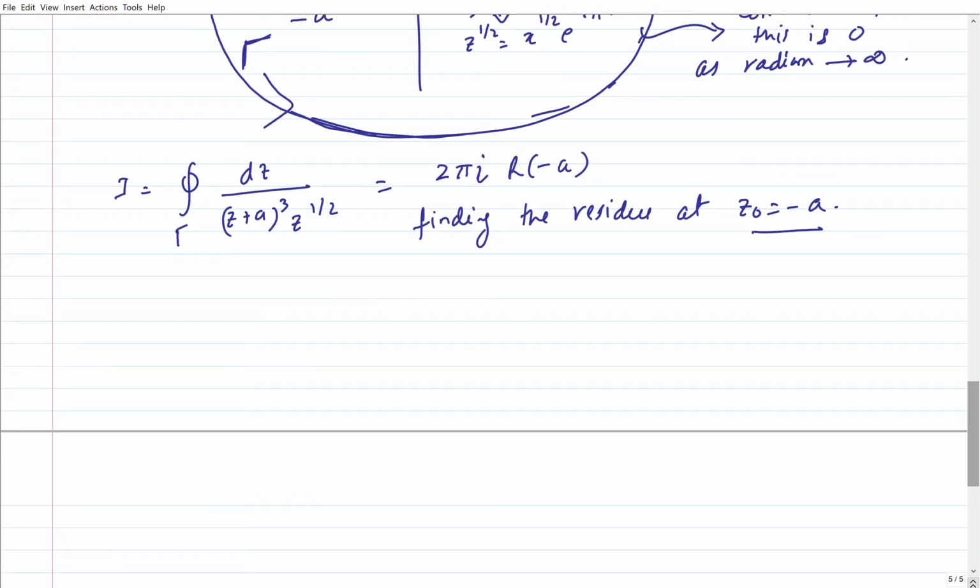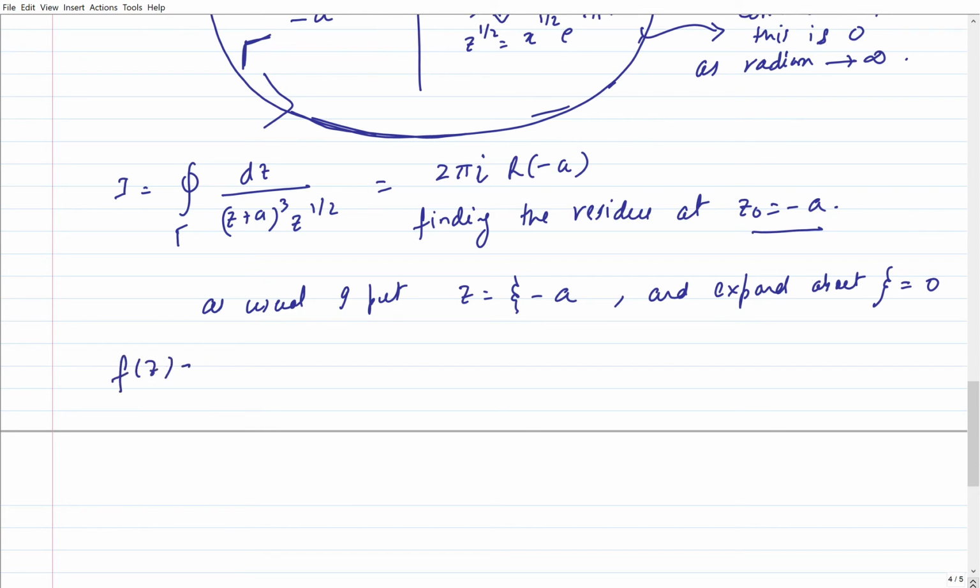As usual, I put z as some variable psi minus a, and expand about this. The reason I am doing this is that I need to find the residue, which is the coefficient of the -1 power in the Laurent series.